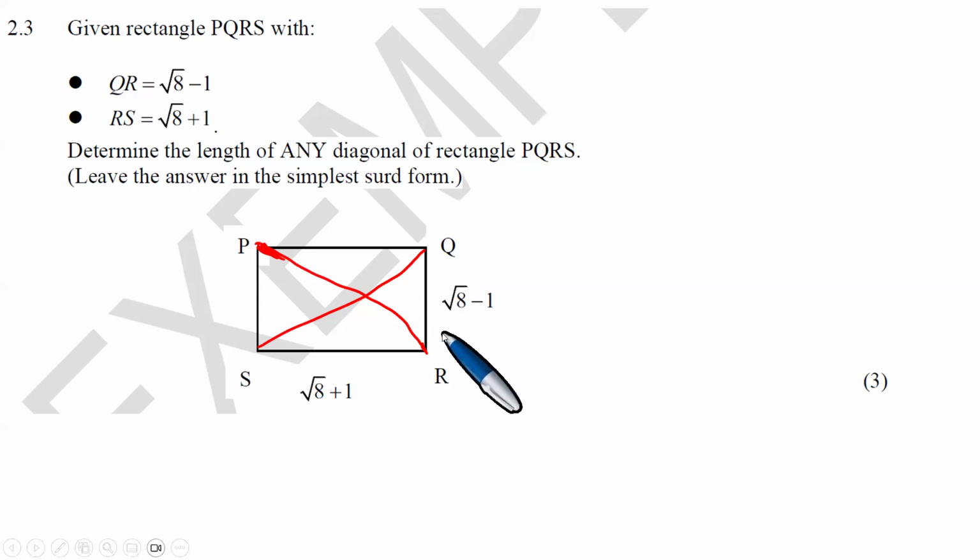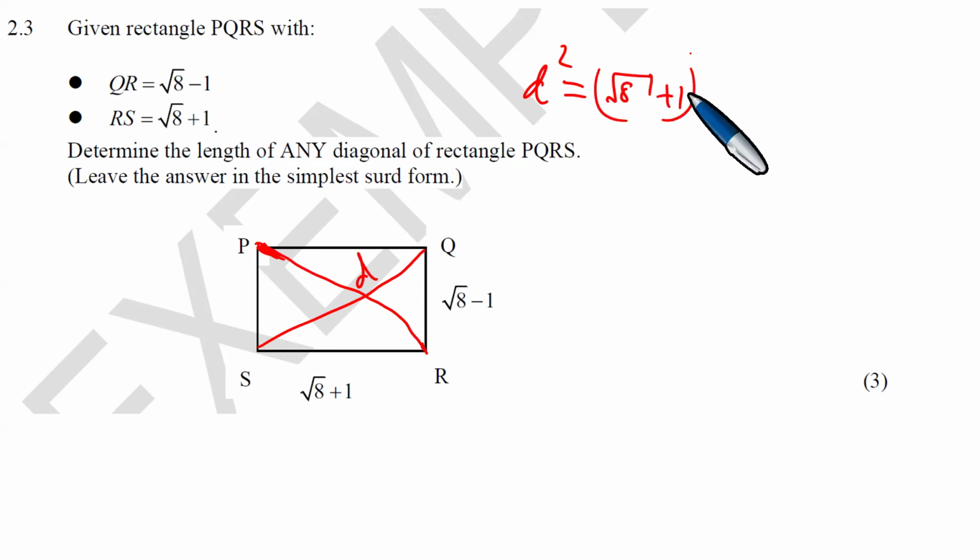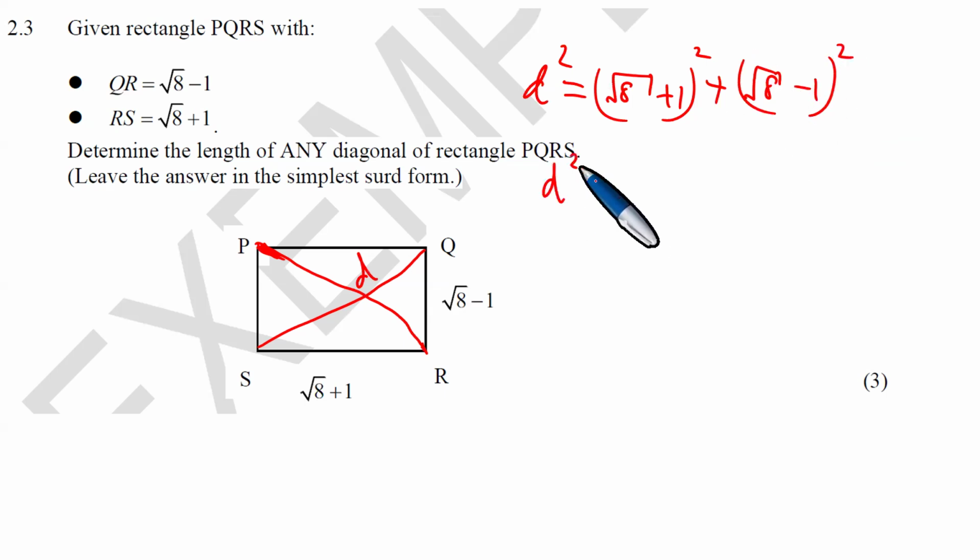We then proceed to find the diagonal, which means that you have d squared. If this is d, the diagonal, you'd have d squared equals the square root of 8 plus 1, squared, plus the square root of 8 minus 1, squared.